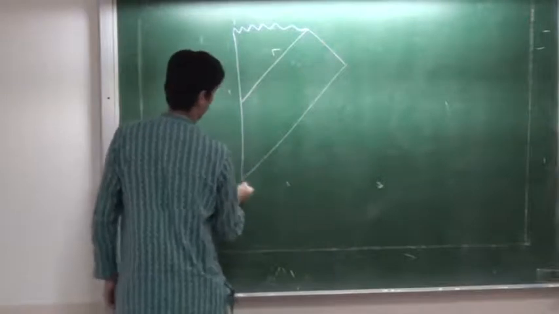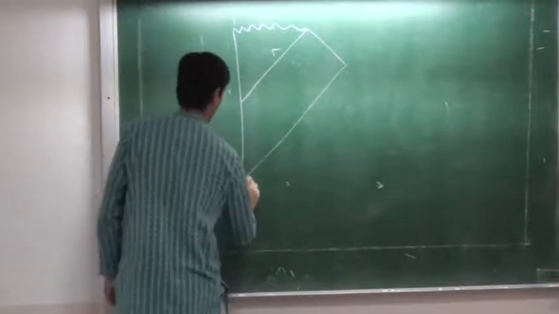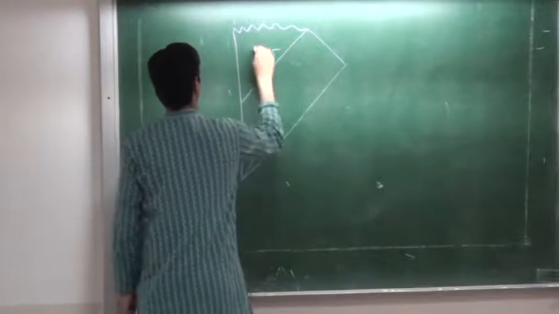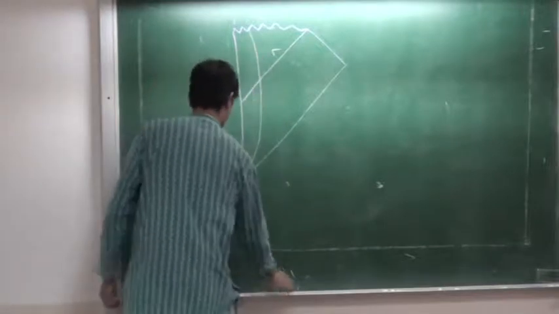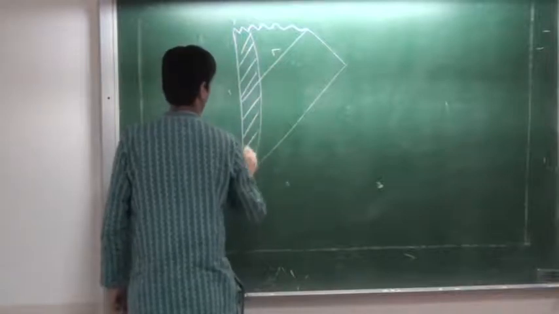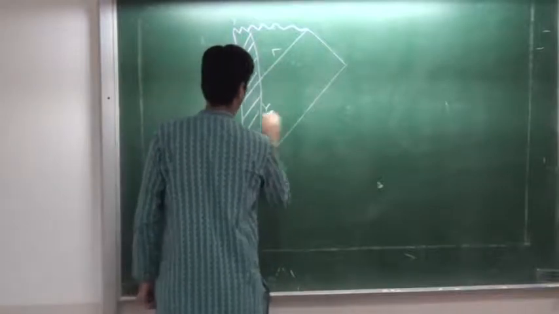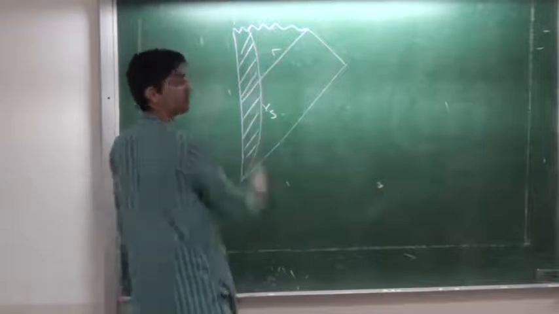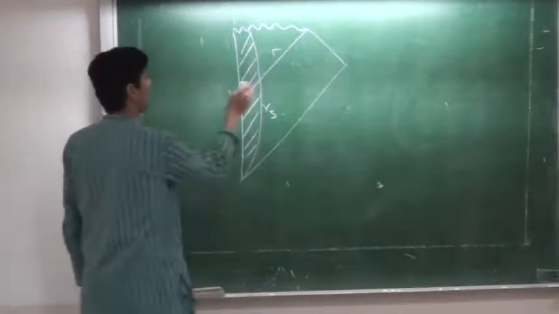Start at future time-like infinity. This white part is the shell. R_S. This should be just the start. This is the horizon.